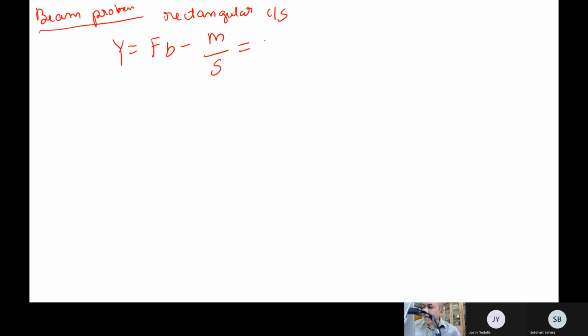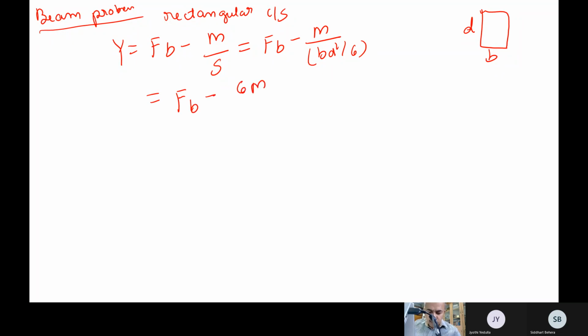What is the section modulus for a rectangular cross section? If b is the width of the beam and d is the depth, the section modulus will be b d square by 6. So the performance function can be written as fb minus 6M by b d square, where fb is the allowable bending stress.